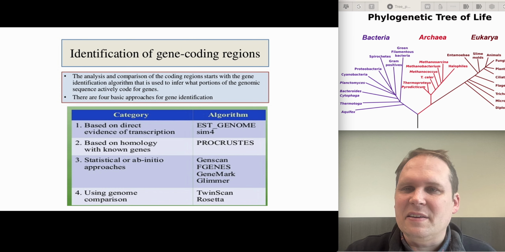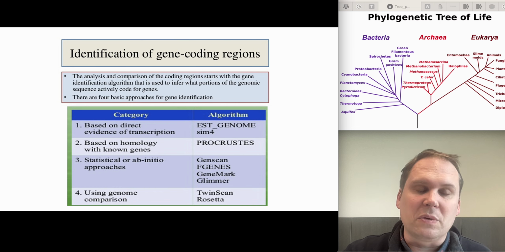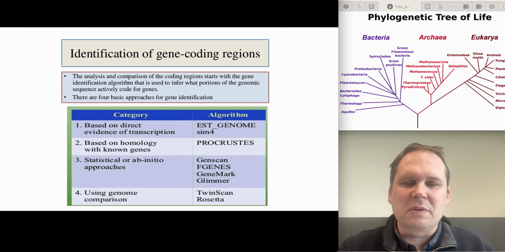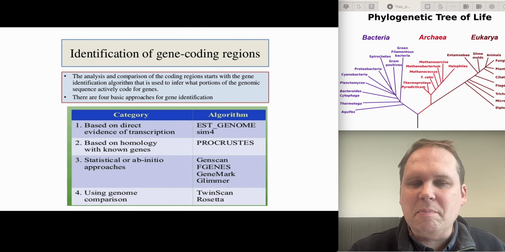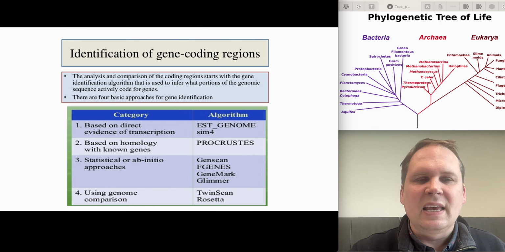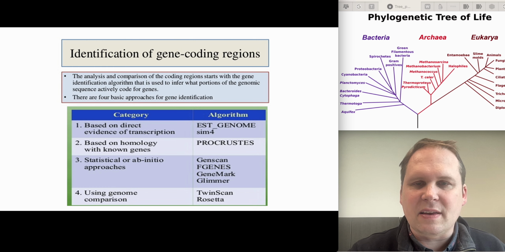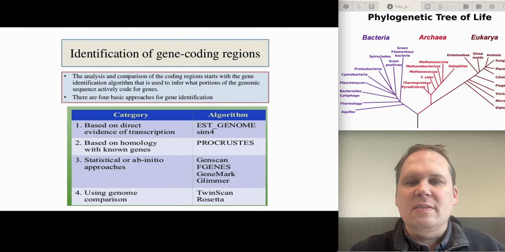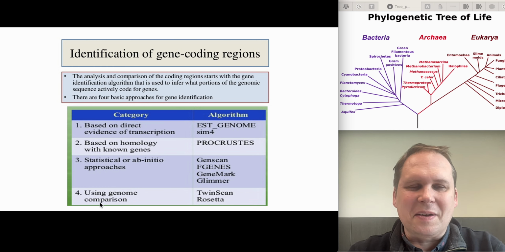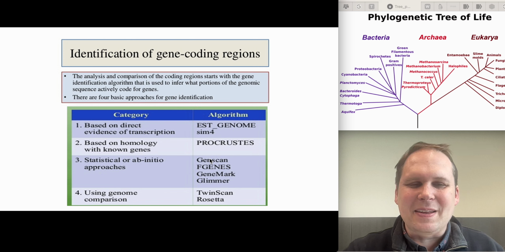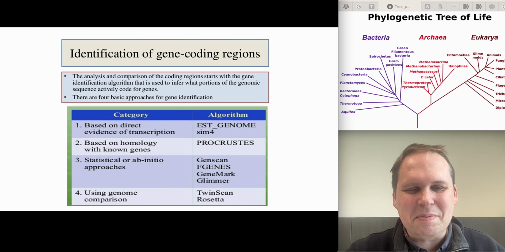All right, so yeah, there are different tools for identifying gene coding regions. This is going to be more important in dealing with eukaryotic databases. So like Procrustes, yeah, does a nice job. I don't know if you know the myth of Procrustes, but it's a guy that would invite you to sleep at his house.